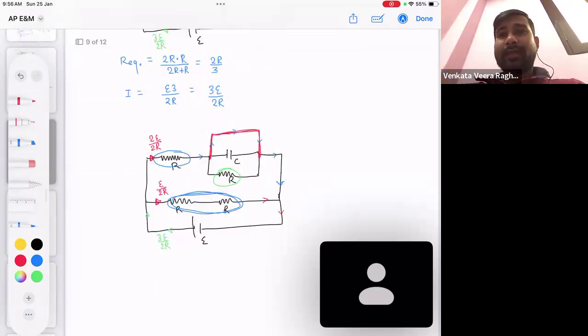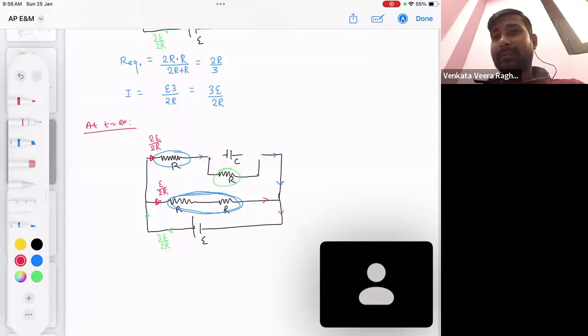Again, we have to redraw the circuit. What happens at t equal to infinity? How does the capacitor behave? Can I say capacitor behaves like an open circuit? The moment the capacitor gets opened, what has happened? Then this R will start working.